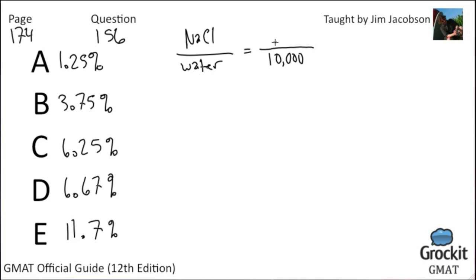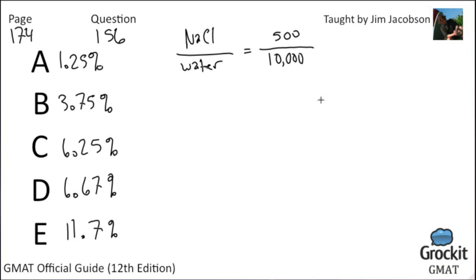We know that it's 5% sodium chloride. 10% of 10,000 is 1,000, so 5% would be half of that, which is 500. So we know that the current ratio is 500 gallons of sodium chloride out of 10,000 gallons of water.